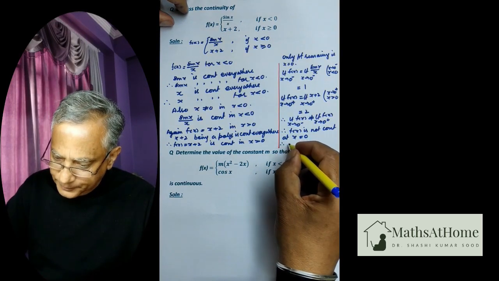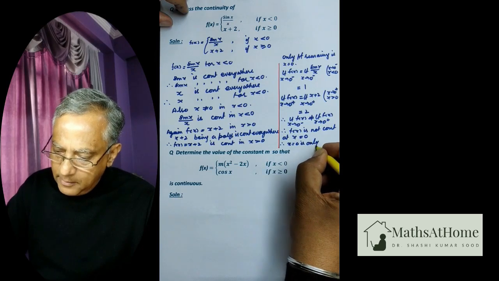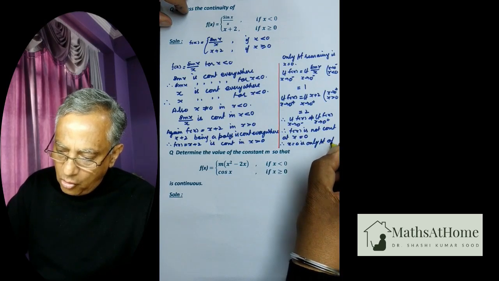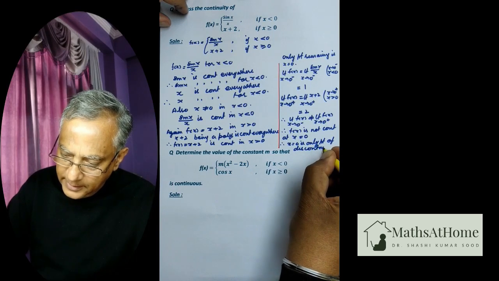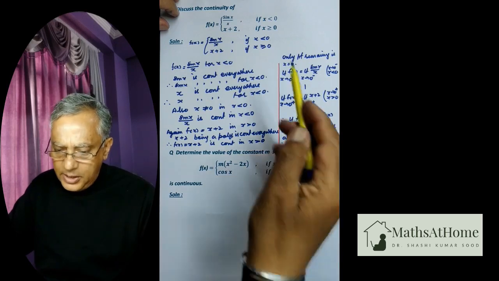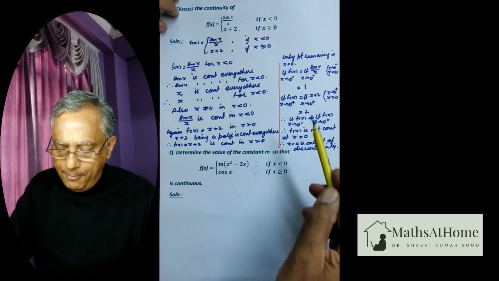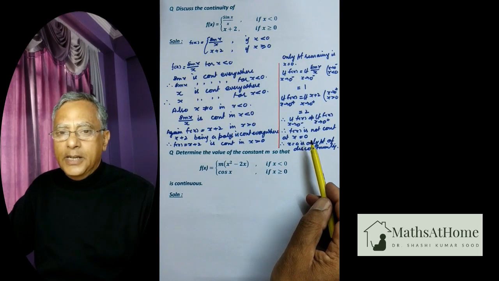Therefore, x equal to 0 is the only point of discontinuity. That is, the function is continuous everywhere except x equal to 0. So this function is discontinuous.